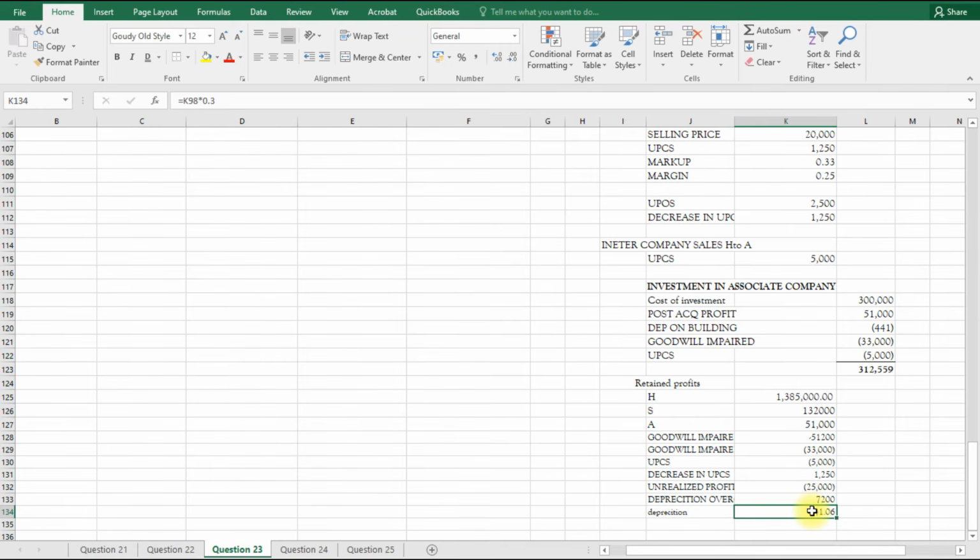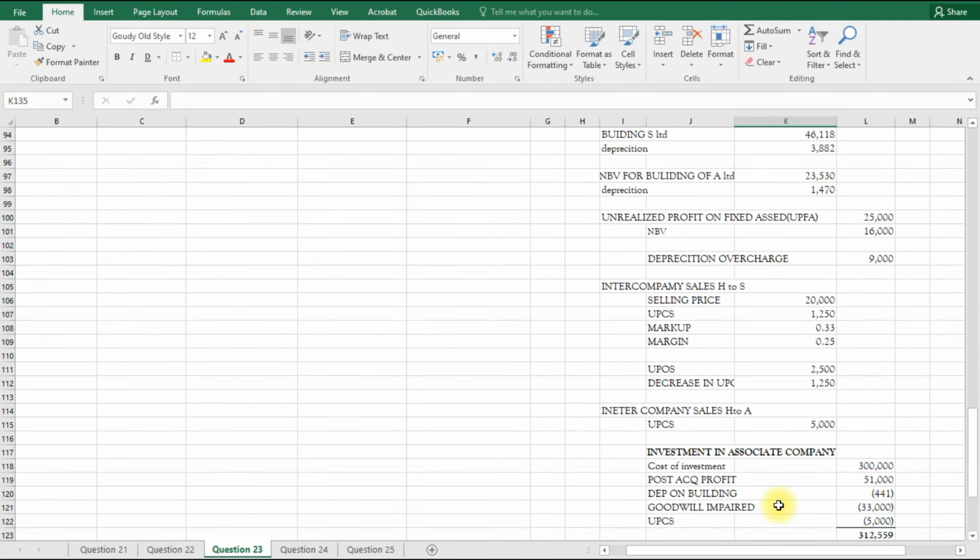Which will be 441. Yeah, 441, and this one we shall put a minus. Minus 441. I think that's all that we had.